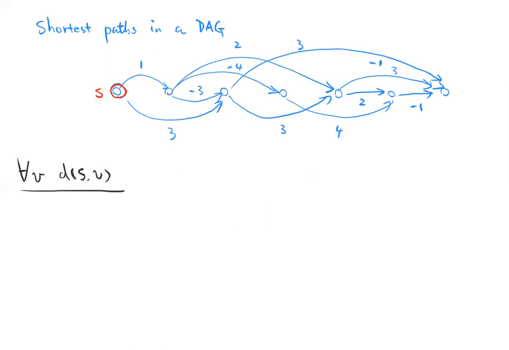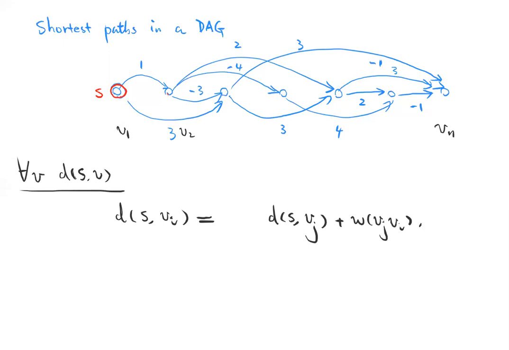Let's name the vertices V1, V2, up to Vn. The distance from S to Vi is the minimum, over Vj, of the distance from S to Vj plus the weight of edge (Vj, Vi), where Vj is an in-neighbor, so (Vj, Vi) is an edge.